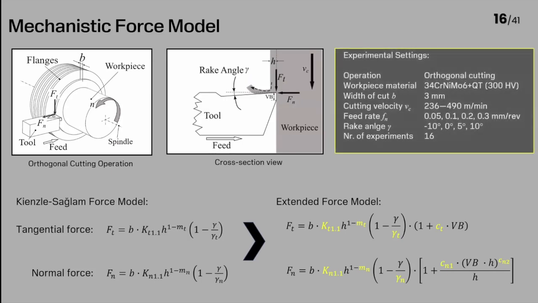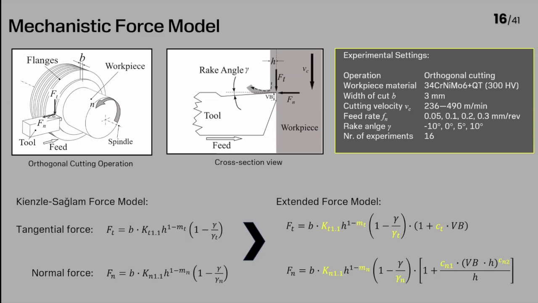To define the unknown parameters, which are highlighted in yellow, we designed a cutting experiment with a specific tool-workpiece combination. The test matrix includes 4 different feed rates to vary the uncut chip thickness H, and 4 different cutting inserts, each with a unique rake angle.